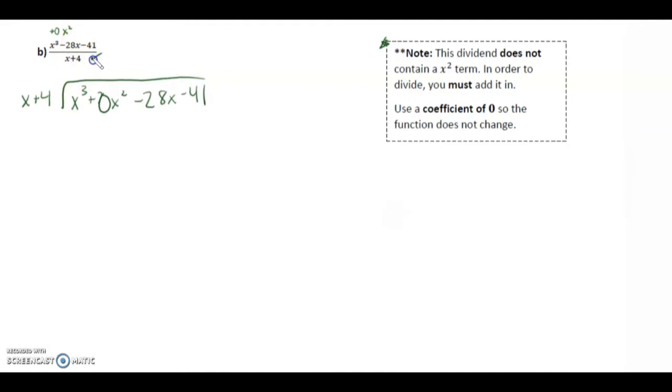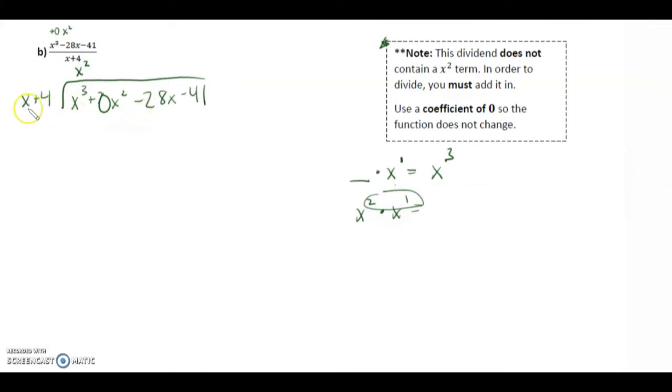So up here, we need a number that, when multiplied by x, is going to give us x cubed. So what times x is going to give us x cubed? Well, we know that this is x to the 1, so we're going to have an x squared so that these two add up to x cubed. So this is going to be x squared.